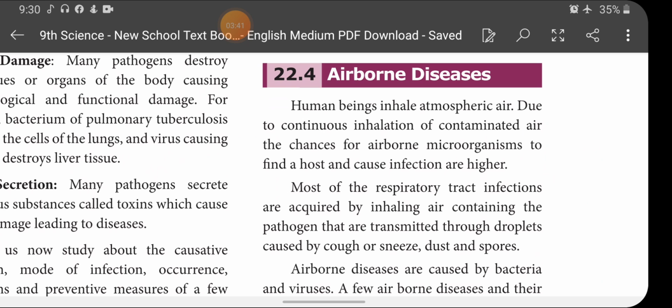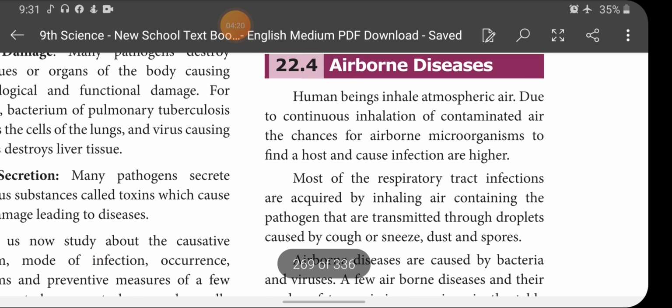Yes, of course, we are continuously breathing the air. If the air is contaminated, what happens? The microorganisms in the air enter the body of the host and cause infection.